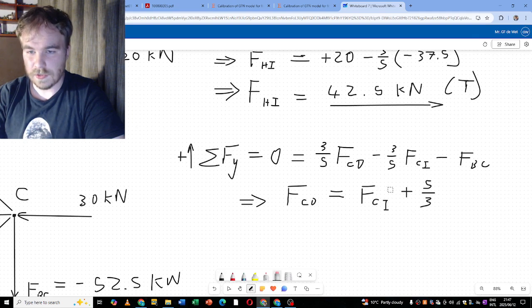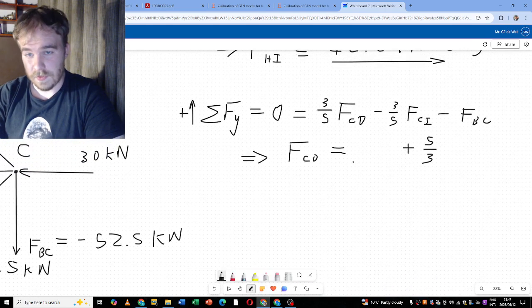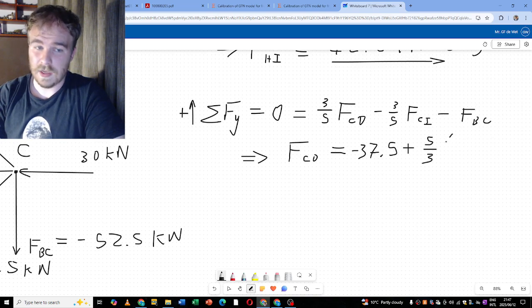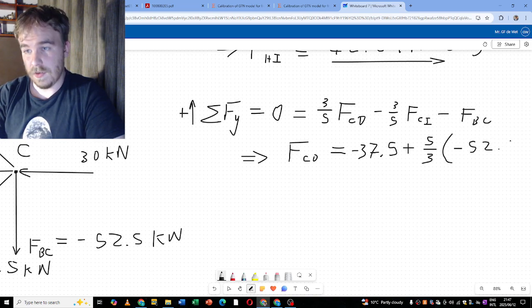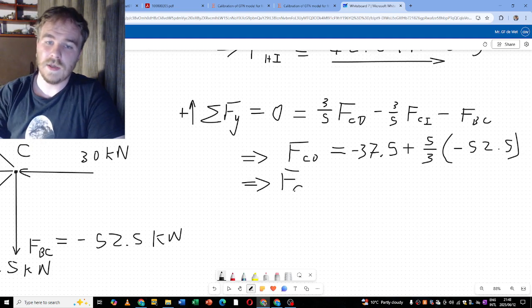I should actually just write its value. Why do I keep writing FCI? FCI minus 37.5. So minus 37.5. So we have FCI, and then this one minus 52.5. Then FCD.